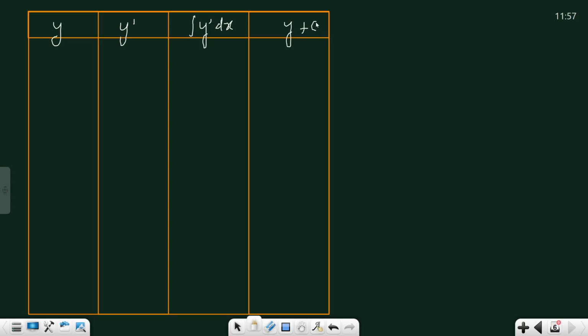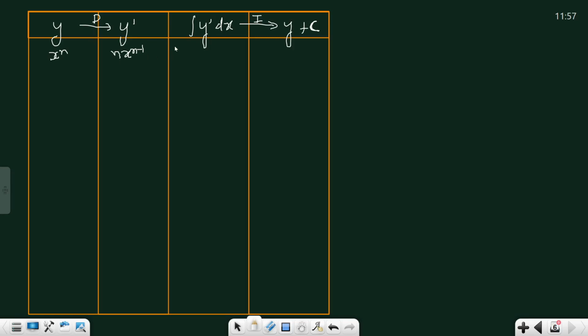I will write the constant c above, so I will not write the constant c everywhere. So just tell me, when you differentiate this you will get this, and when you integrate this you will get this. This is the process of differentiation, this is the process of integration. So integration is just the reverse process of differentiation. So just tell me, when you differentiate x to the power n, you will get n x to the power n minus 1. Clear? Is it clear?